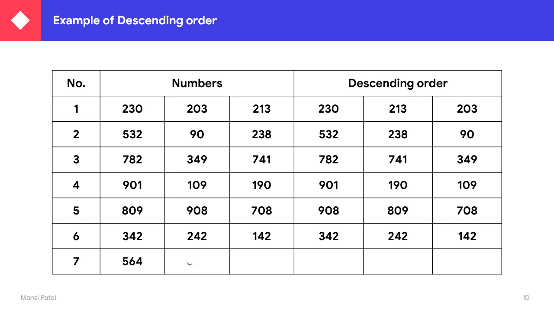Number 7: 564, 654, 754. See here, in the first digit, 754 is the biggest. So write down 754 first, then 654 and then 564.